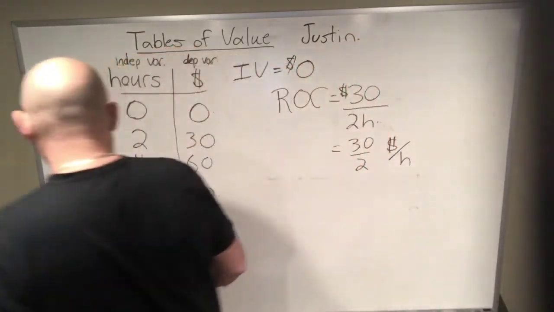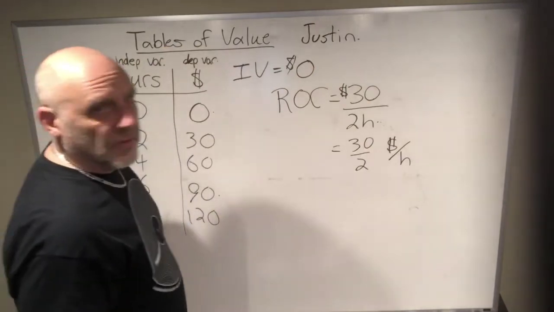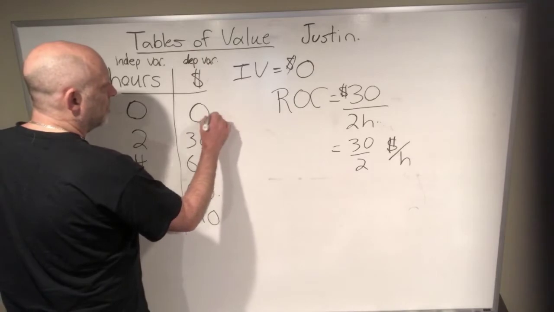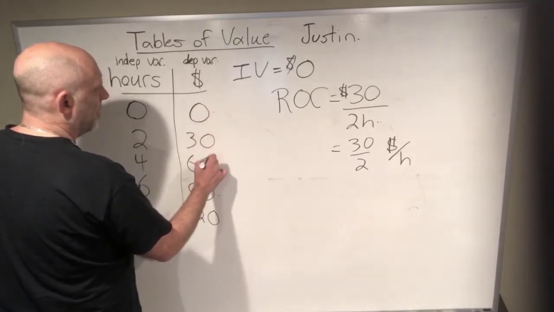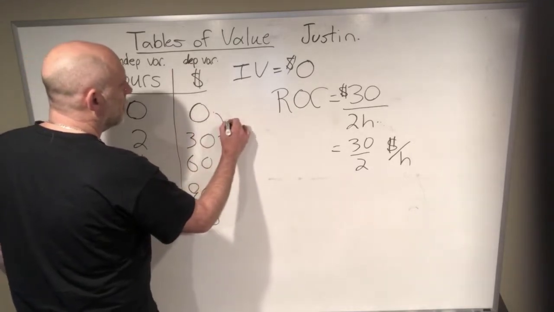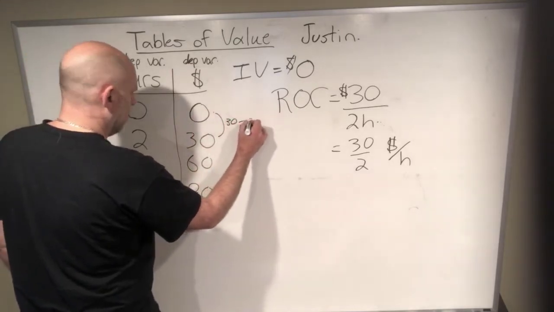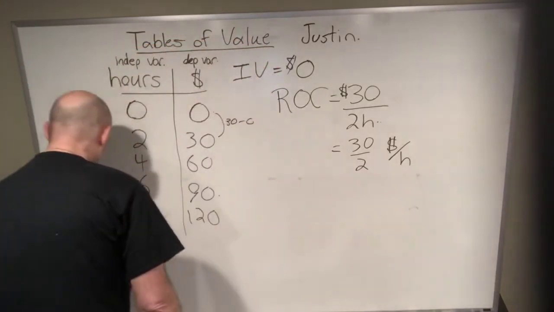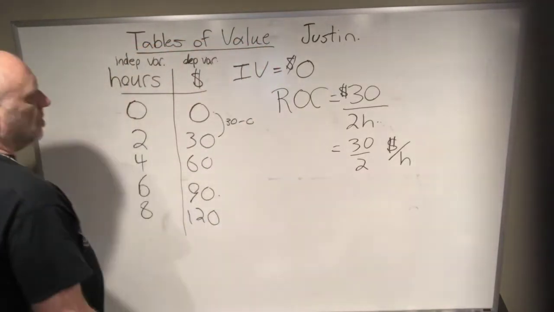Okay. So remember finite differences? When you look at the dependent variable and you look at how much is changing each step. So the first step, 30 minus 0. How much is that?